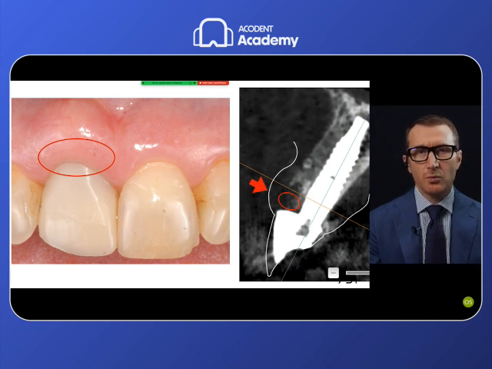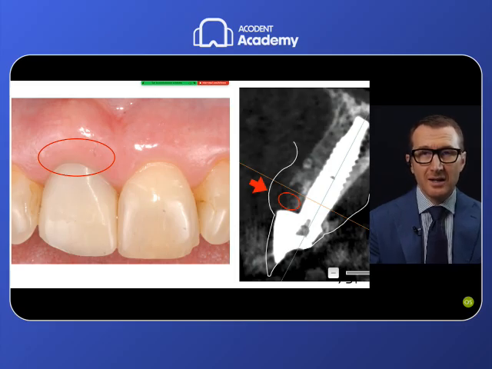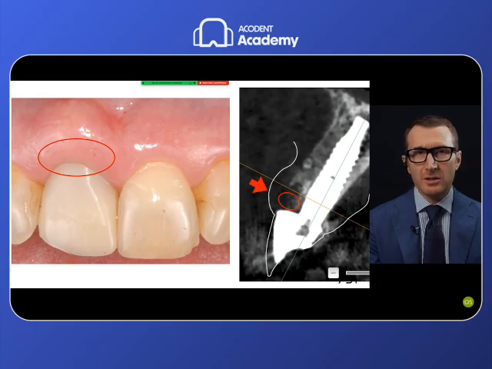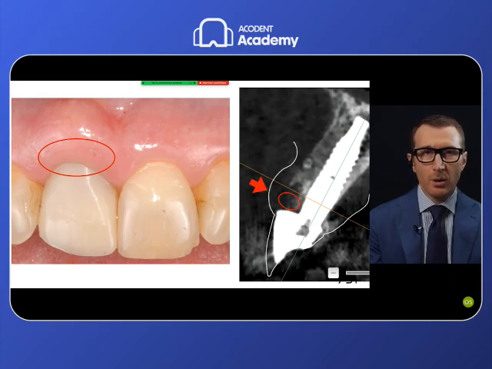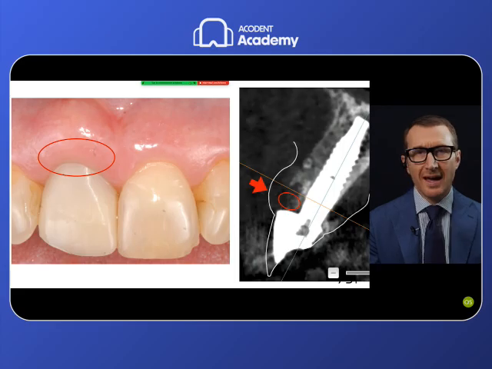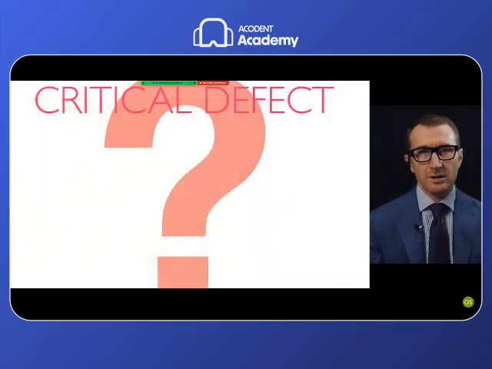So we must work anytime on both sides, hard tissue and soft tissue. Even when the cases increase in terms of defect dimension, any treatment always involves a bone augmentation procedure and a soft tissue augmentation procedure.